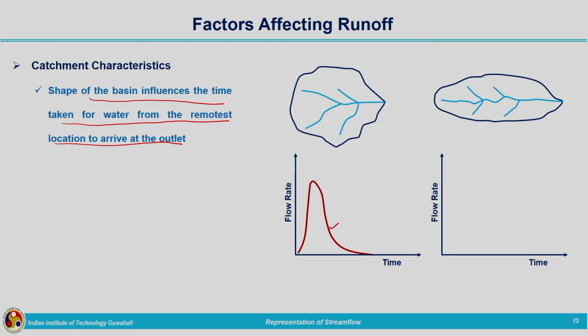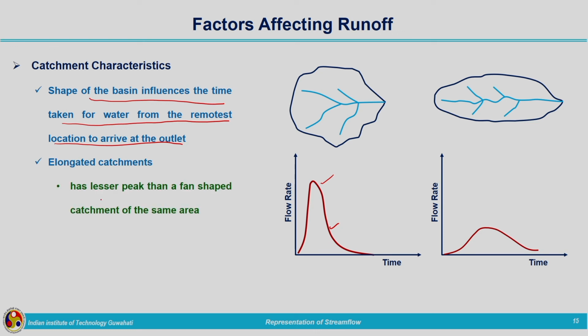In the case of the elongated watershed, you have a flat peak. That is, the entire watershed is contributing and the peak is attained gradually, over a long time. But in the case of the first one, fan shaped with more drainage density, a very good drainage system is available for the flow to take place. In that case, the peak will be attained at a faster rate compared to the other one.